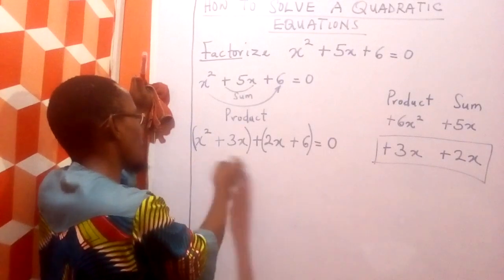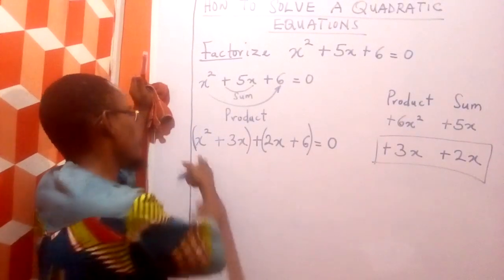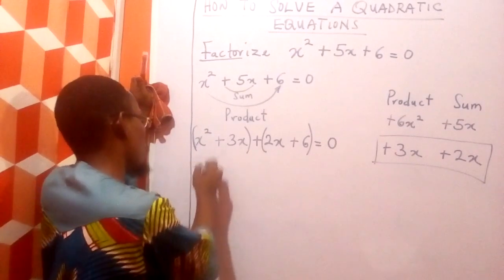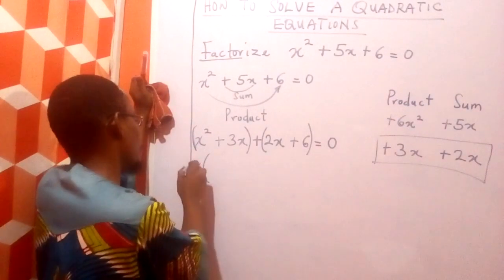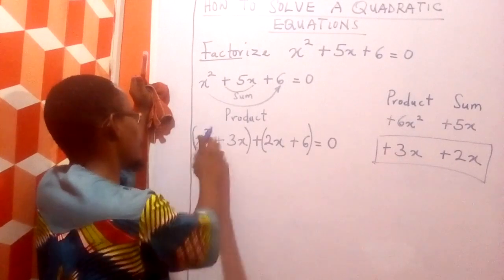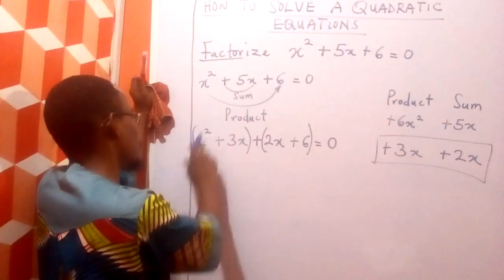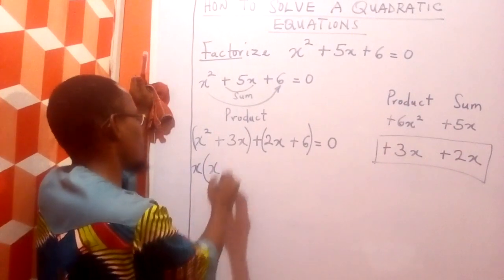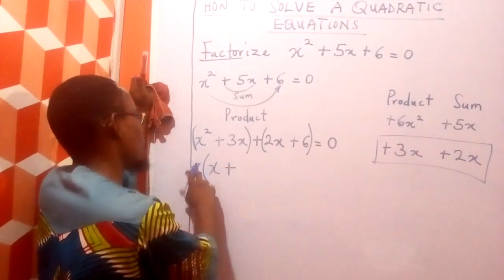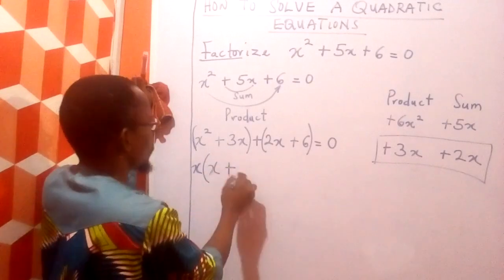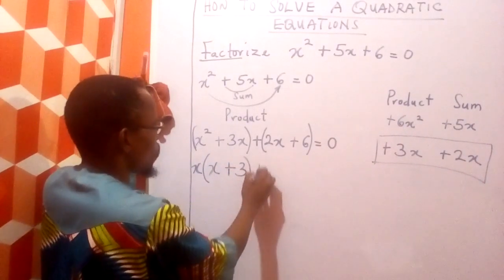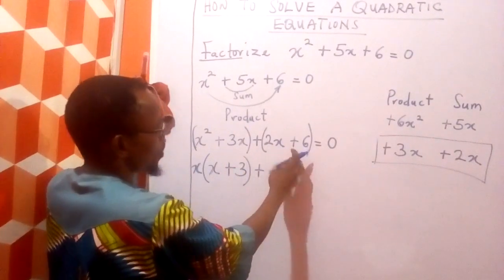So what's common there? Looking at it, what's common there is x. So open a bracket. So do a division. X, take it from here, you'll be having x plus, take it from here, we left with 3. So what's common here?